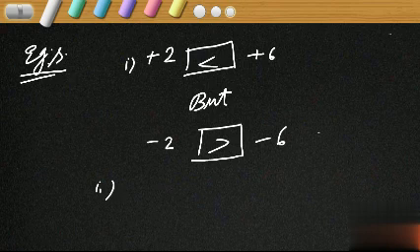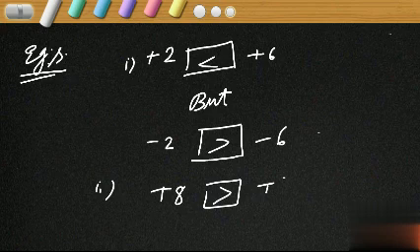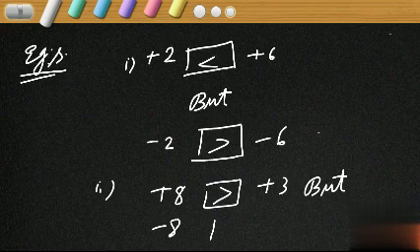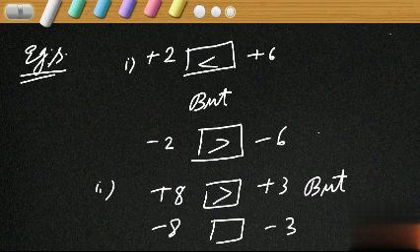Second example, +8 is greater than +3, but what about -8 and -3? While comparing -8 and -3, what will we get? -8 is on the left side of -3 on the number line, isn't it?